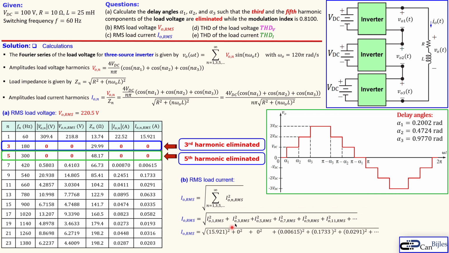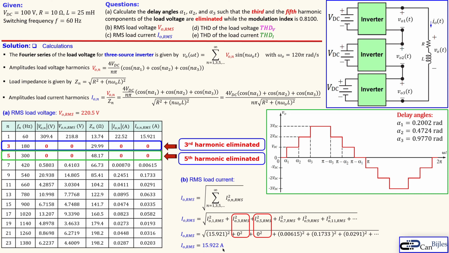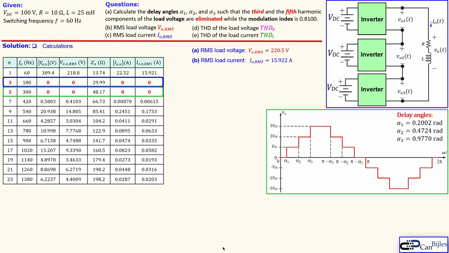And this one will be 0. And this one will be also 0. So we will actually reduce the harmonic distortion here. That's also the whole purpose of this harmonic control. I will add up to 15.922 amps. Okay. Taking this all together, A and B.